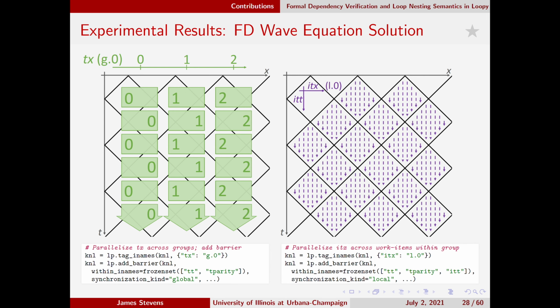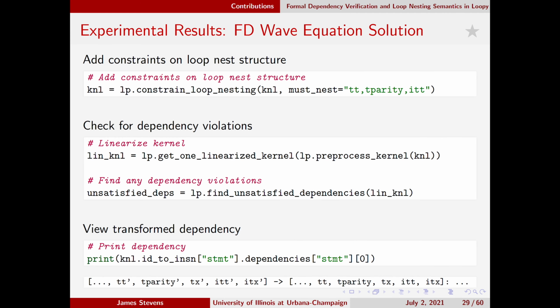To ensure that our dependency is satisfied, we add a global barrier and a local barrier using the add barrier transformation. This synchronizes the groups and threads so that they iterate together in lockstep. Then we add a must-nest constraint on our remaining sequential loops, and we verify that our dependency has not been violated.